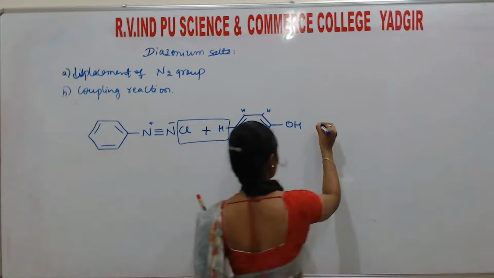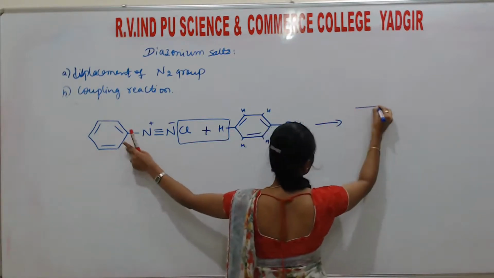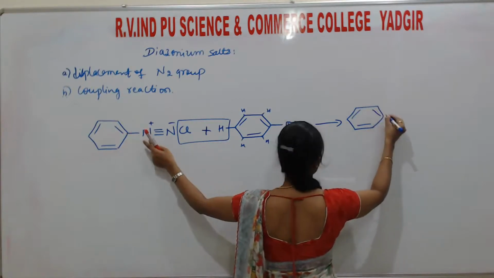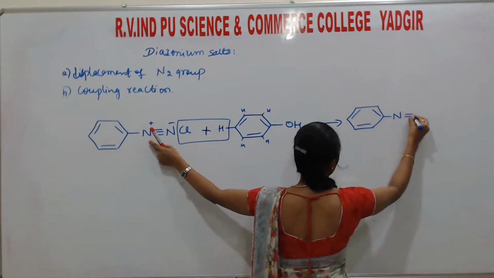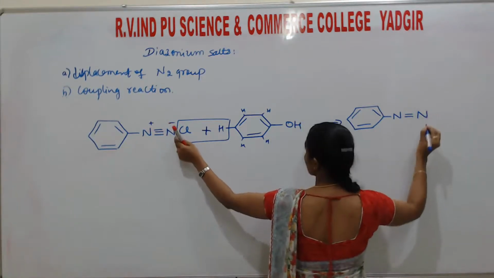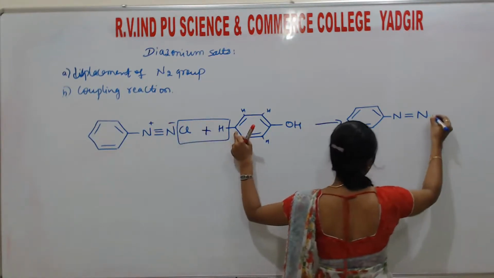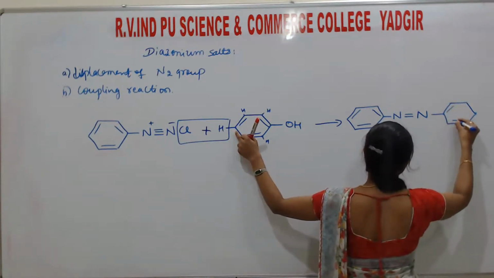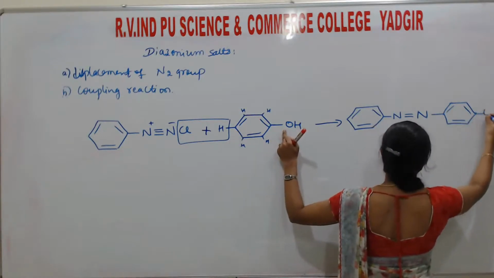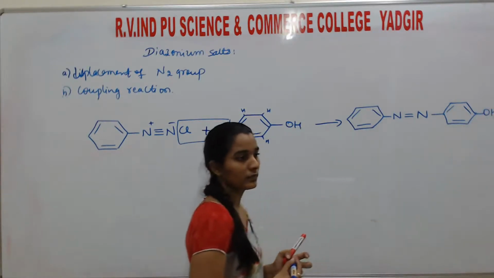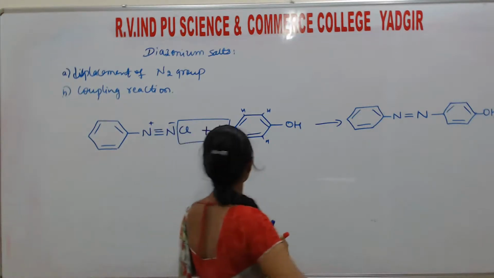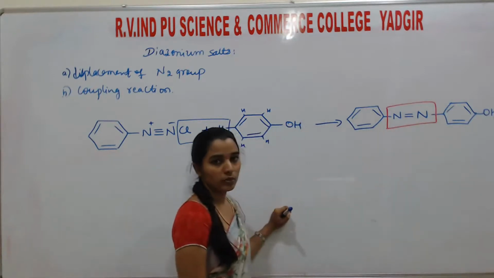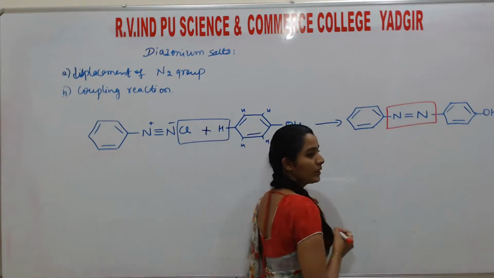Then it continues as what? First this compound, N is there. It becomes a double bond. Again N. So HCl removed from here means next bonded is this compound, and this is OH. Understand? So here this azo group forms a couple with these two compounds. That's why this is called a coupling reaction.